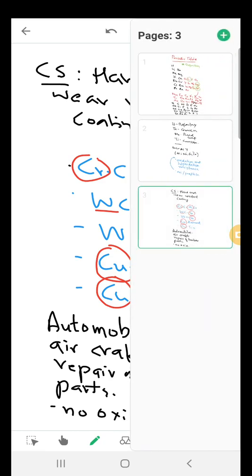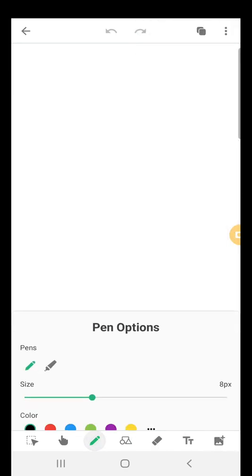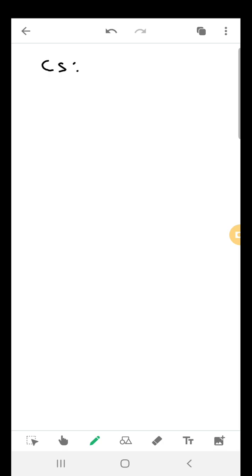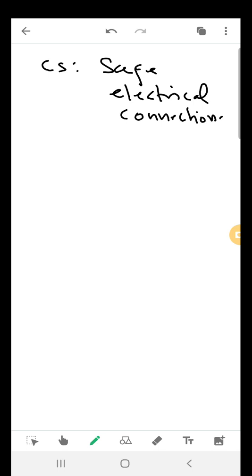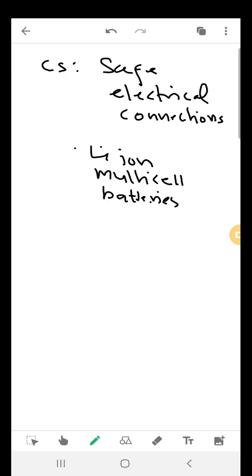Cold spray coatings are also used for safe electrical connections, and in lesser applications like lithium ion multi-cell batteries. It eliminates solidification stress.